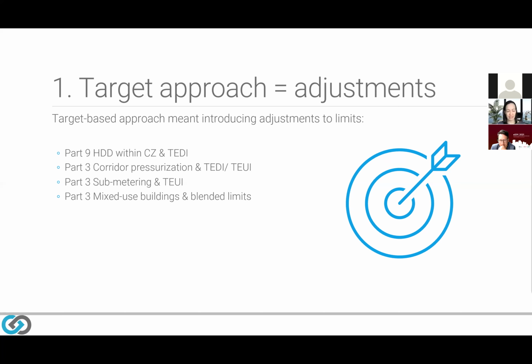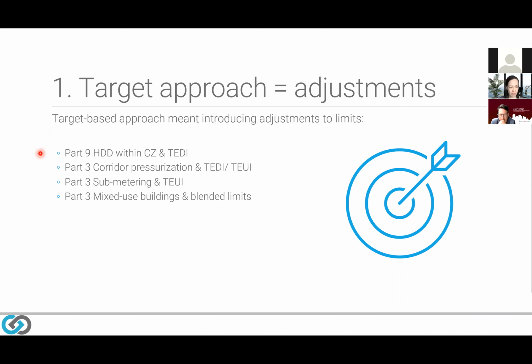Whereas in this case, we've got these unique scenarios that crop up, and what the code found is that they had to add in adjustments to help account for some of these unique scenarios. So I want to start out by talking about some of the adjustments that were either introduced from the start or introduced in some of those revisions that I was showing you, as the province learned that we needed to update the step code to make it a bit more relevant.